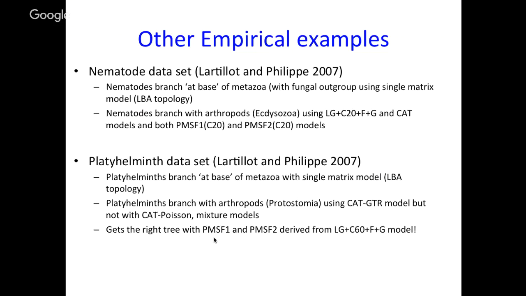But if you use the PMSF models with a sufficiently complex mixture, you can actually get the correct tree, just like CAT-GTR in the PhyloBayes implementation does. So this is a harder data set to get right. And if we use a complex enough mixture, the PMSF models can actually get the right tree, where the C60 model doesn't. So there's some hope for our model.